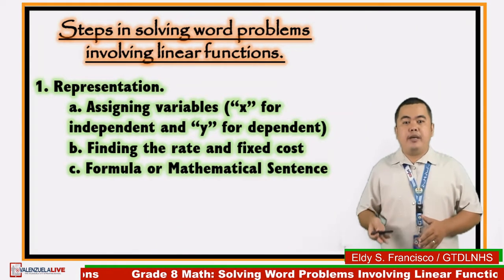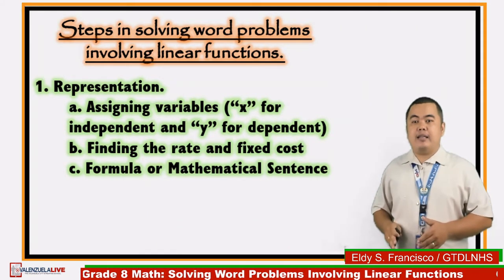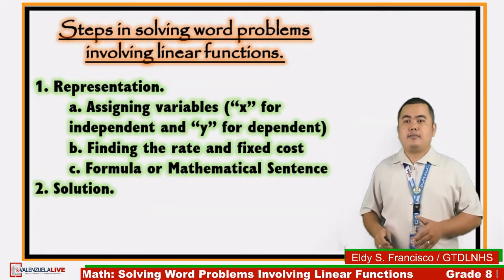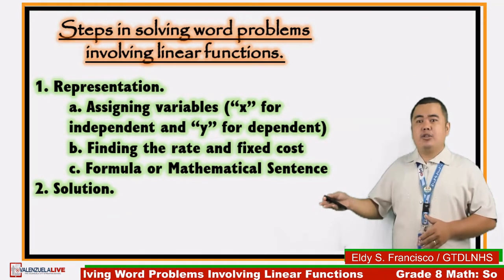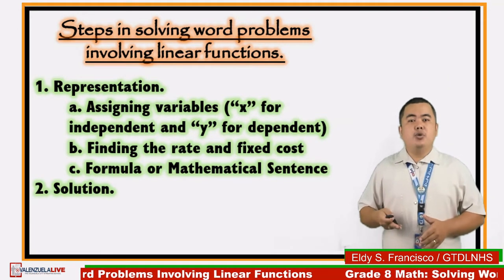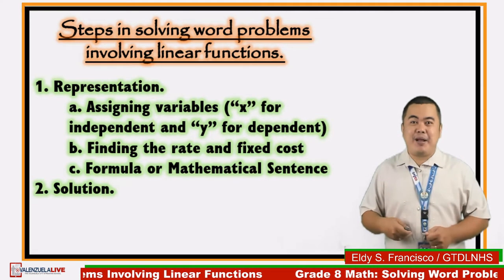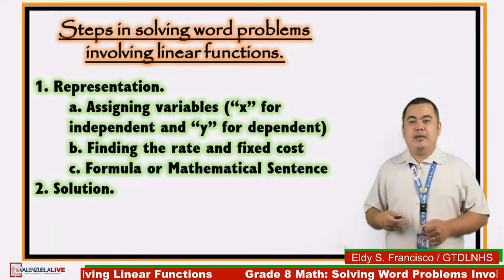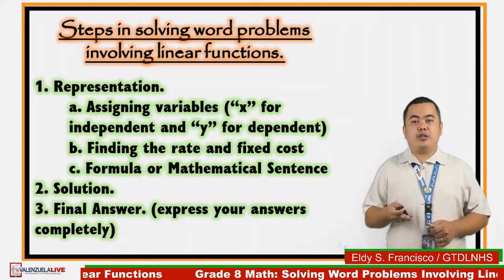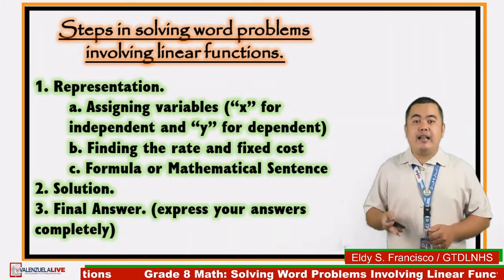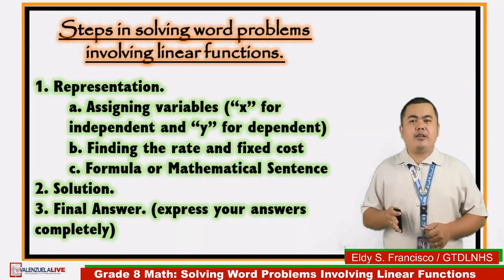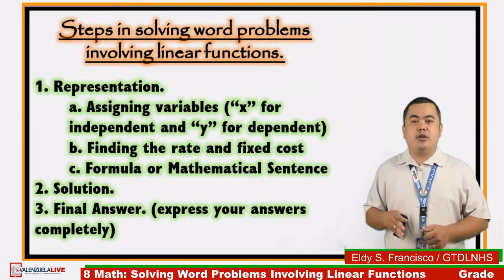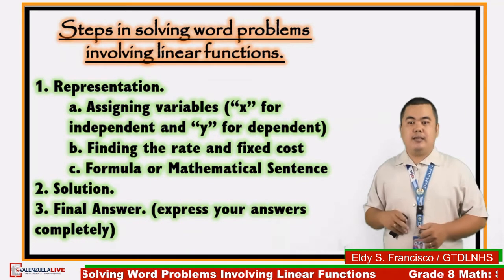It can also be a formula or a mathematical sentence. Step 2 is the solution. In this step, you have to solve for the independent variable. And last, after the solution, is the final answer. Don't forget to always express your final answer completely.